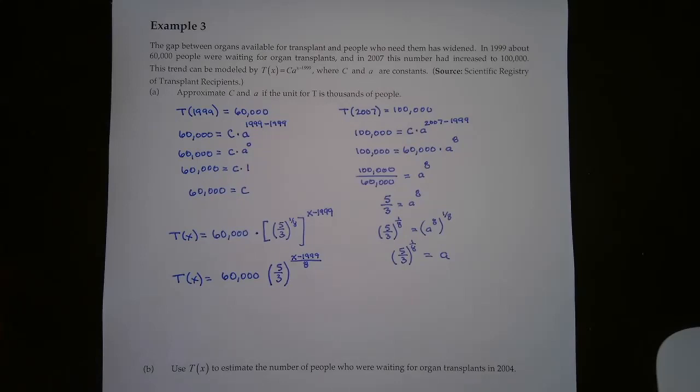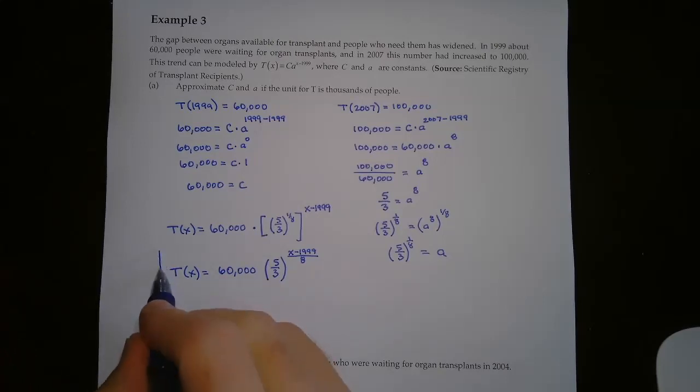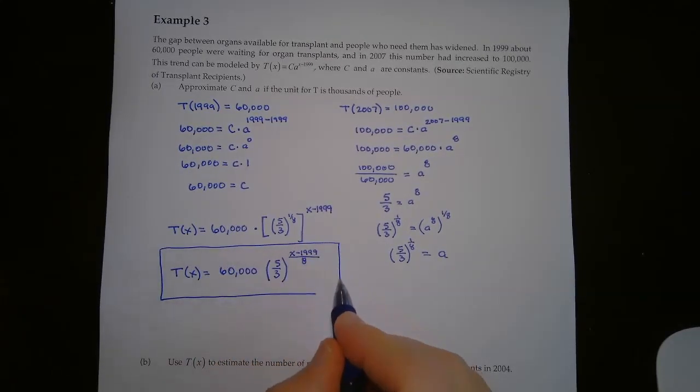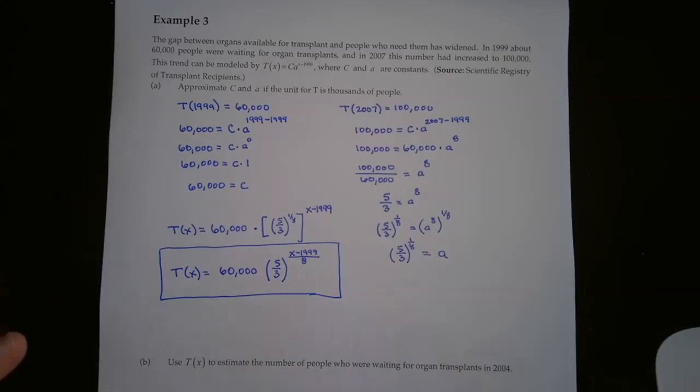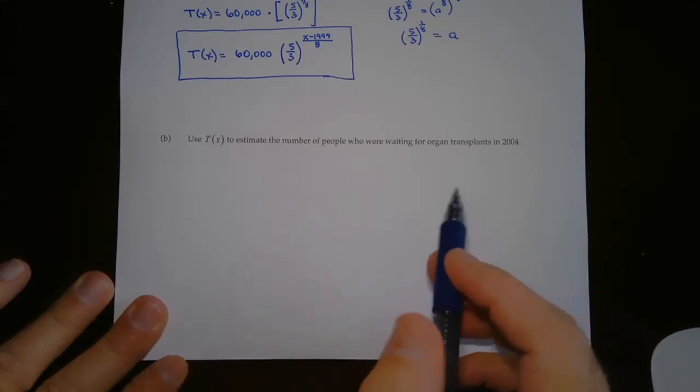All right, so let's go to part B now. Actually, I'm going to box this. This is the function that we're going to use for part B. We're going to use T of x, the function we just came up with, to estimate the number of people who were waiting for organ transplants in 2004.